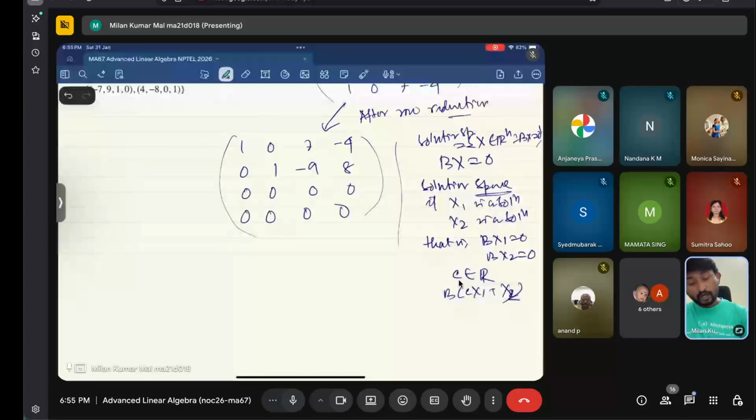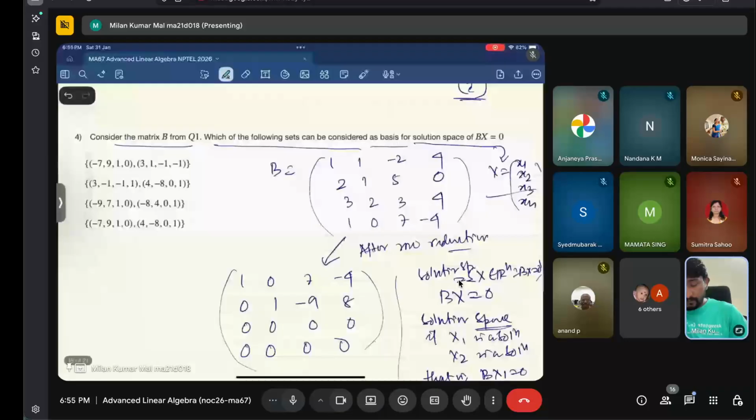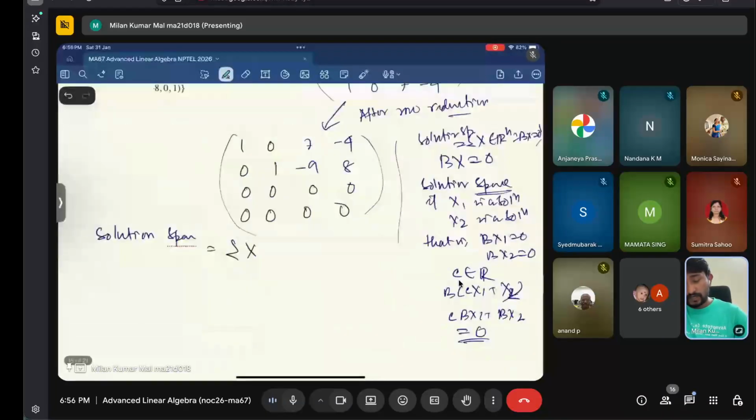The main question is what is the basis of that subspace. The solution space is all x in R4 such that B of x equals 0. This forms a vector subspace of R4.